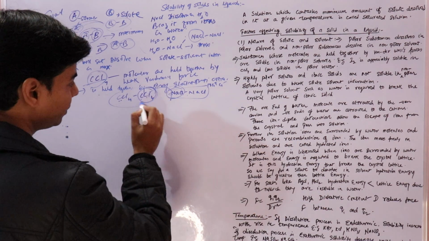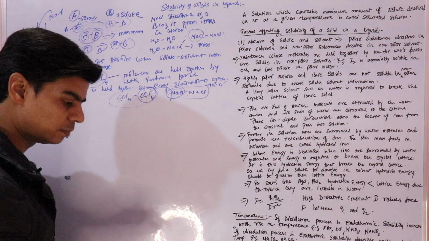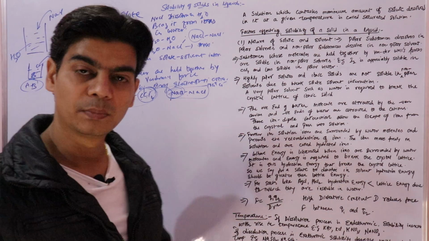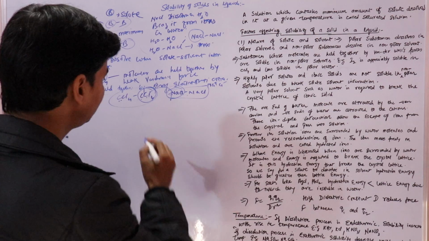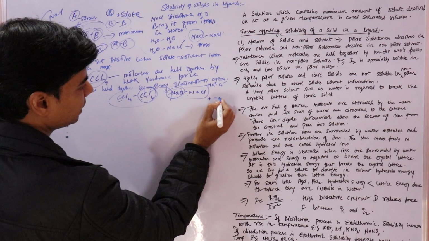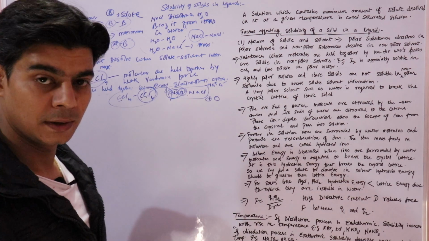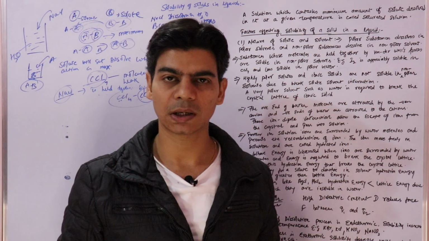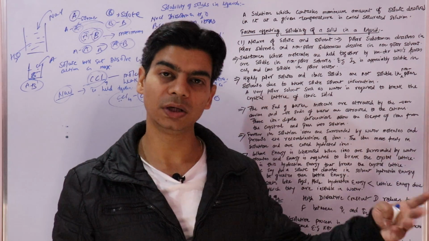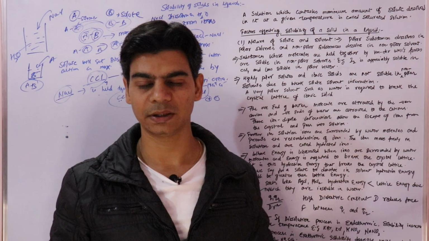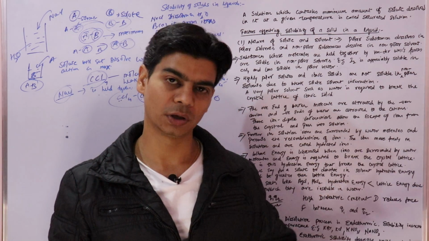And we know that carbon tetrachloride is not polar, and it does not have plus minus charges that can interact with sodium chloride, because sodium chloride has plus minus charges and can interact strongly only with those solvents that have plus minus charges, that is, only with polar solvents.